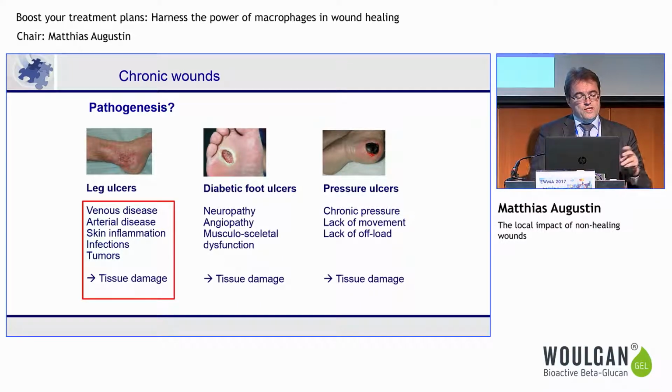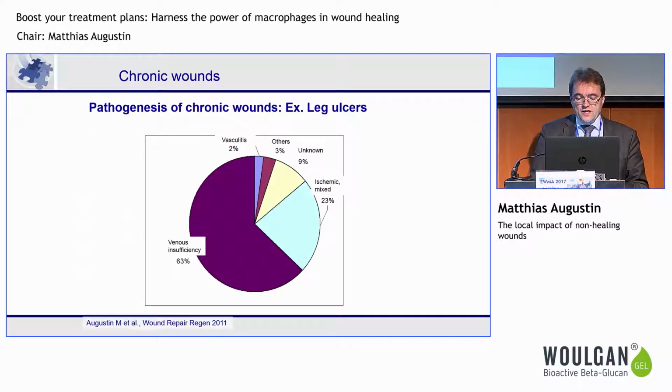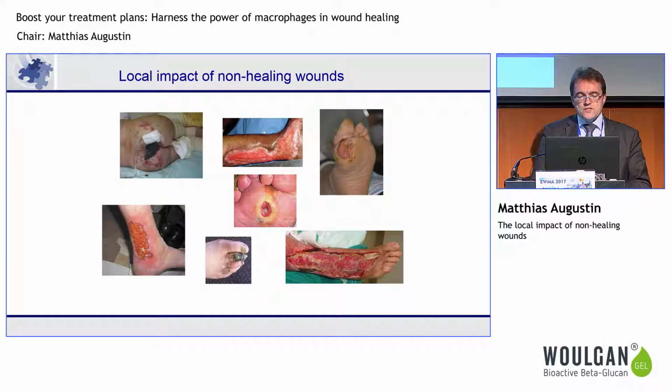And just focusing on leg ulcers in the next slides, it's for sure that the underlying cause needs to be identified before going into details, and this by probability means that most of the wounds that we can expect are of vascular origin, but there's a marked number of wounds which also have very different underlying conditions and need to be treated differently. And so in such a situation, we need to make sure that we are on the right track and haven't missed another diagnosis.